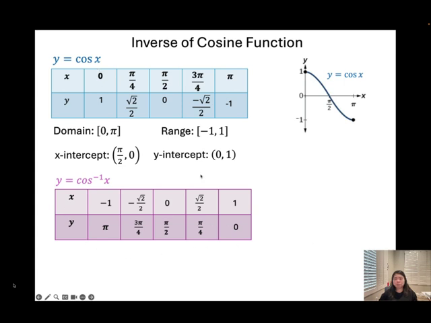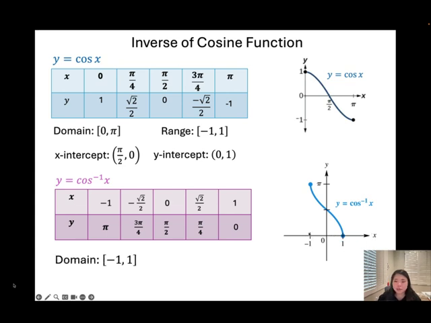Now, based on this table, I want you to try to sketch the inverse function of cosine x. Okay, you should get the graph like this. Now, think about it. What's the domain? Domain will be the possible values of x, so that will be negative 1 to 1.